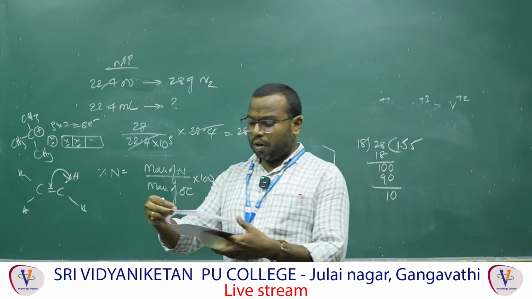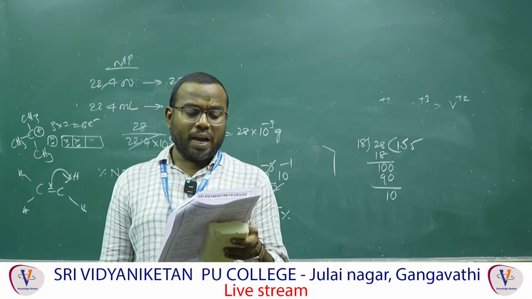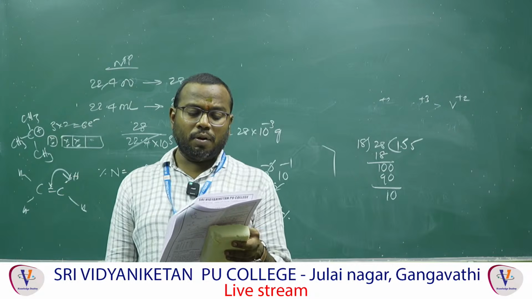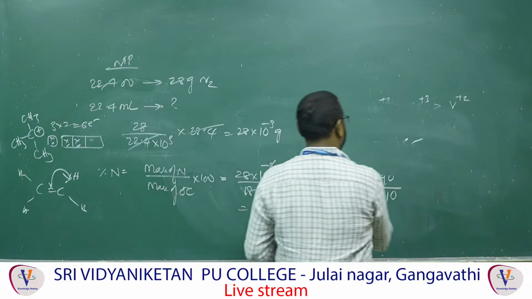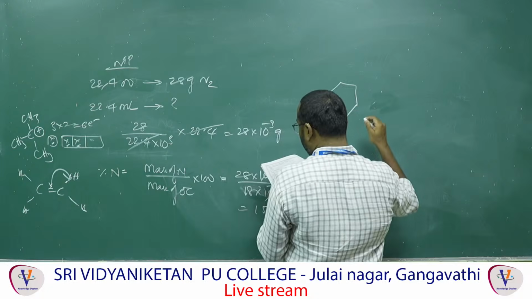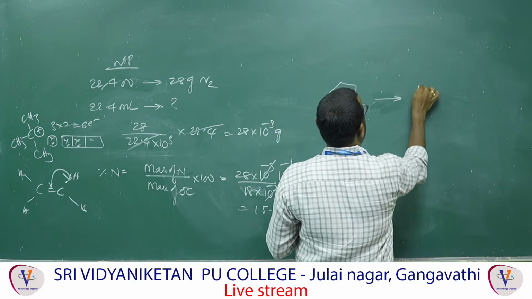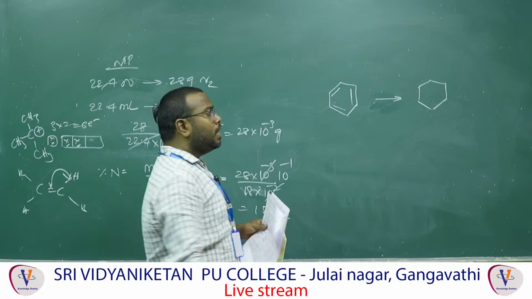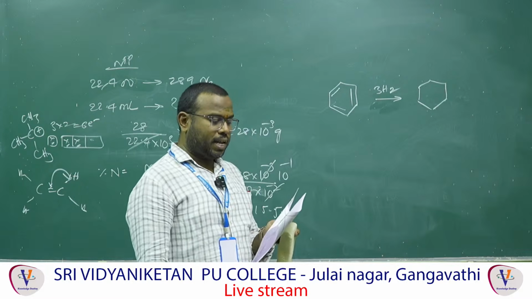53rd question. C6H6 becomes C6H12. Minus 204 kilojoules of heat of hydrogenation is given. The C double bond C bond in benzene, hydrogenation for each bond has to be calculated. Benzene is converted into C6H12, so 3 moles of hydrogen are added, which means we get cyclohexane.